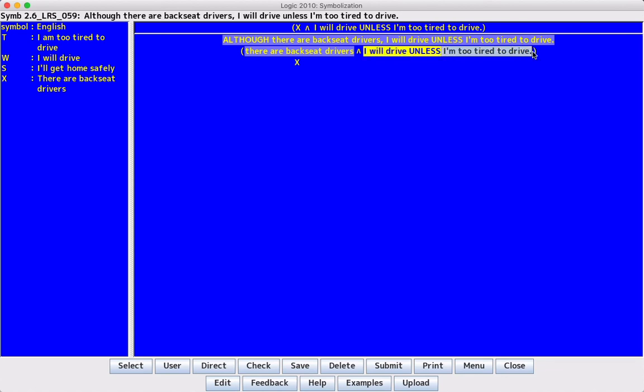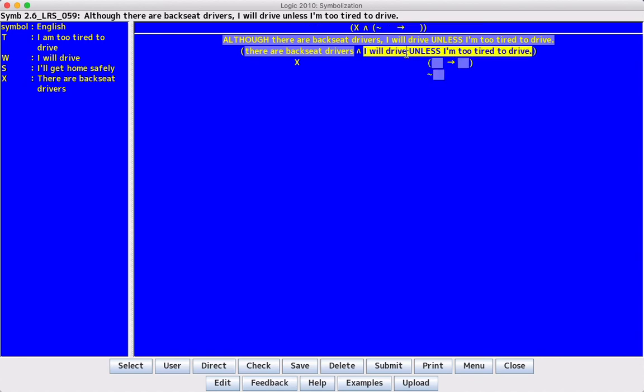Or what's the same thing, if I'm not driving, how did that come about? The only way that could have happened is I'm too tired to drive. So this is a conditional, and then a negation because it's unless.